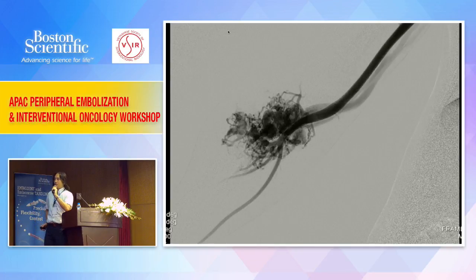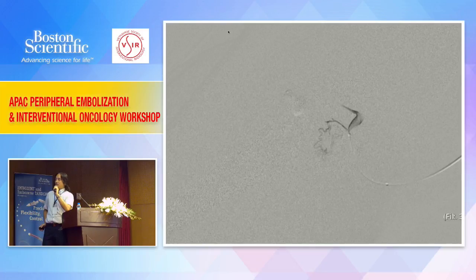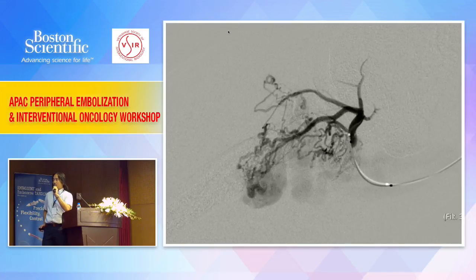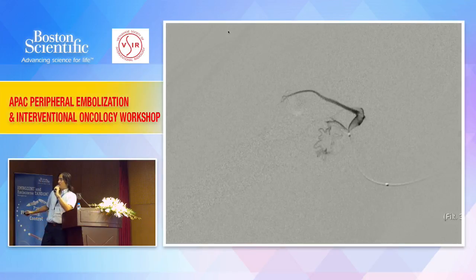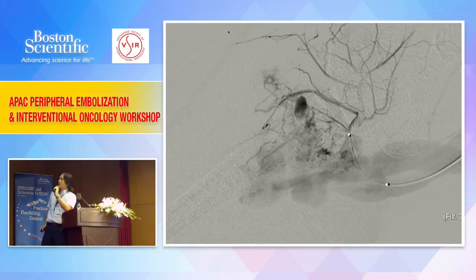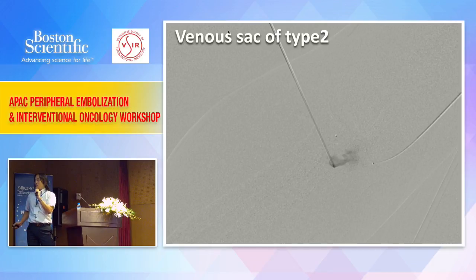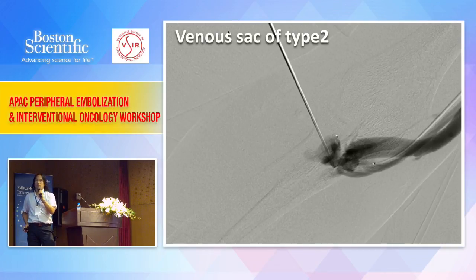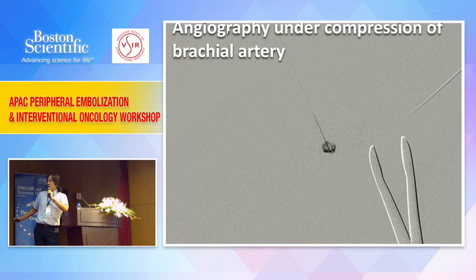So we performed angiography and selective angiography. For example, in this angiography, maybe around here is the type 2. So at first I punctured the venous component of the nidus. Then we performed angiography under compression of the brachial artery.